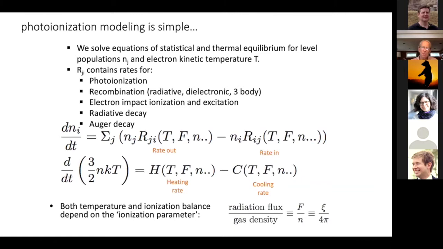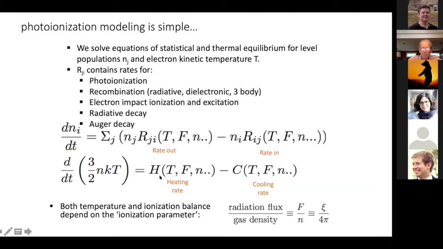One difference is that you need to also calculate the temperature, or at least it's customary to calculate the temperature using a radiative equilibrium assumption. So that removes the temperature as a free parameter from the calculation.